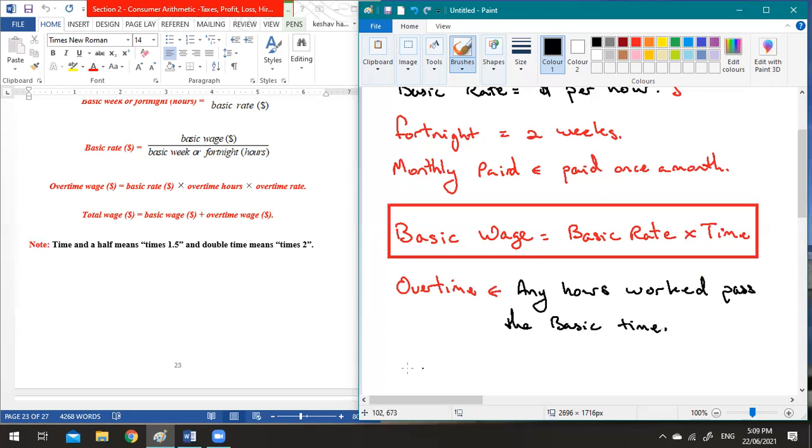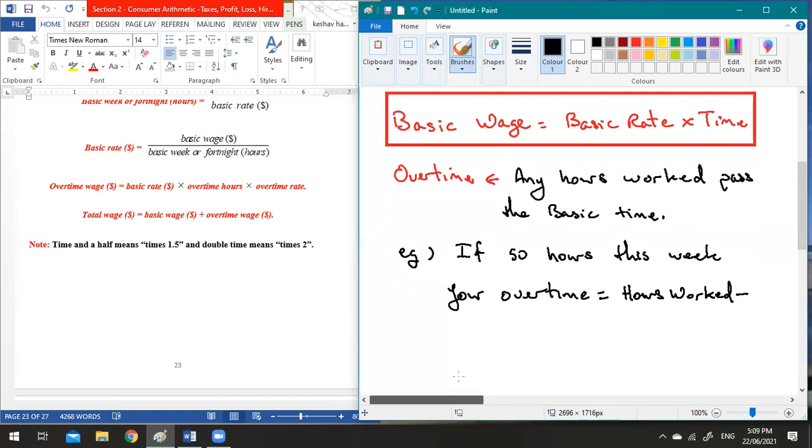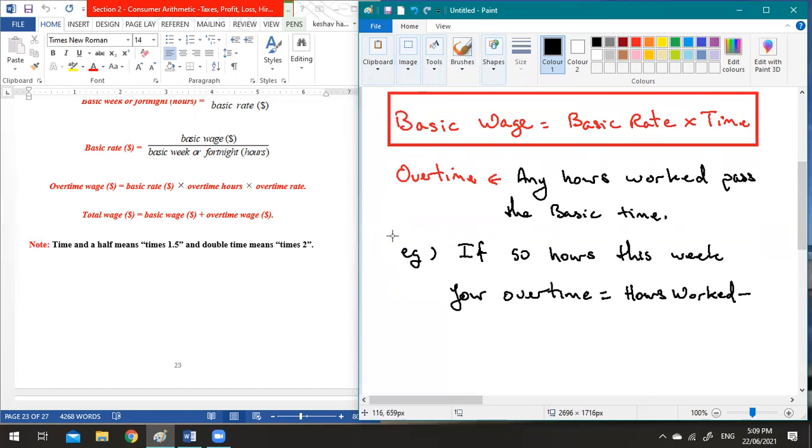An example: if you work 50 hours this week, your overtime will be the hours worked minus your basic amount of time.